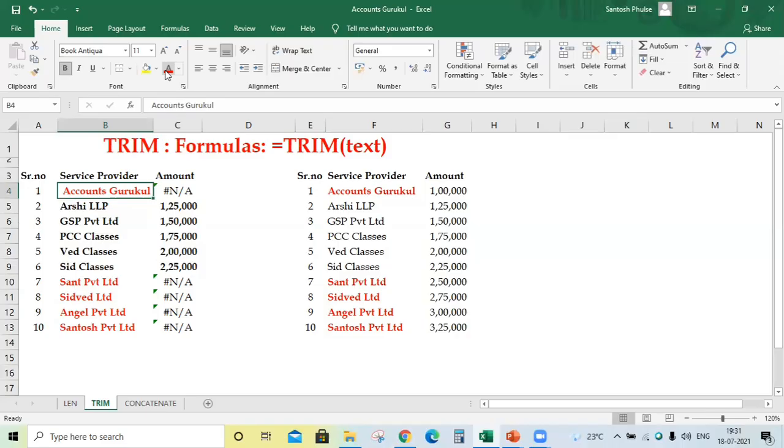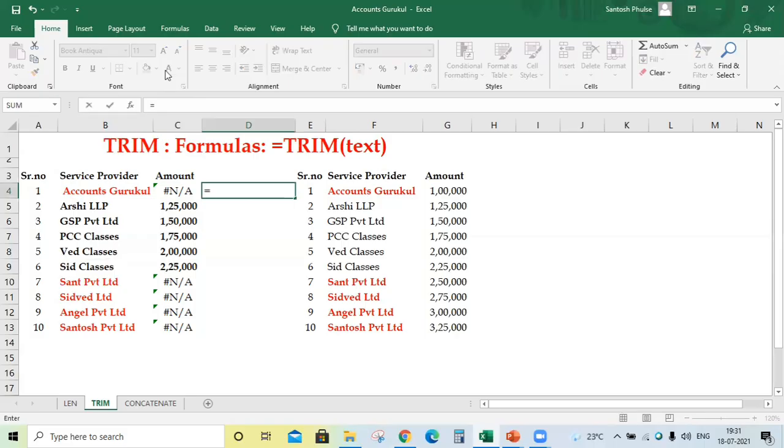For Accounts Gurukul, the space is at this side, so you are able to know that there is something in this name. But now this is related to Sant Private Limited, Siddh Ved Limited, Angel Private Limited, and Santosh Private Limited. Here you are not able to identify the reason. In these cases, we have to use the trim formula to remove the extra space from the word.